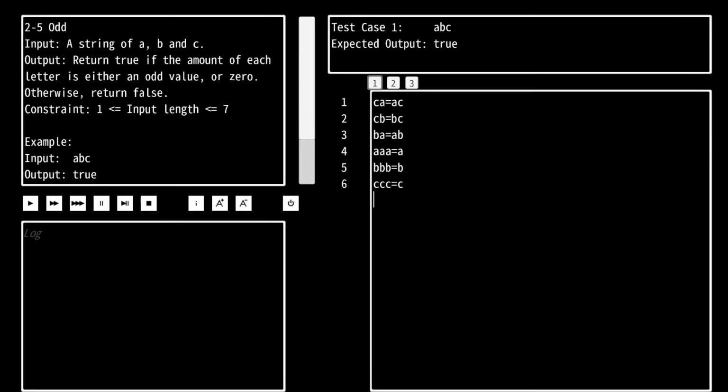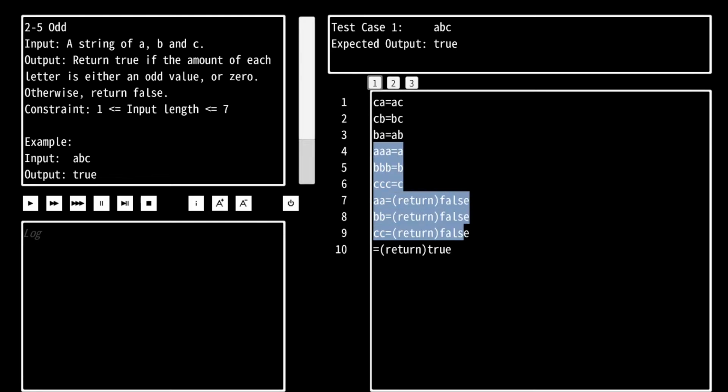Because then I can check AA equals return false, BB equals, is there copy paste? Oh my god, there is. Thank god. And then if all of these checks are good, this has been after all the sorting and reducing, right? Because that happens first. If all of these flag as not false, then it has to be true.